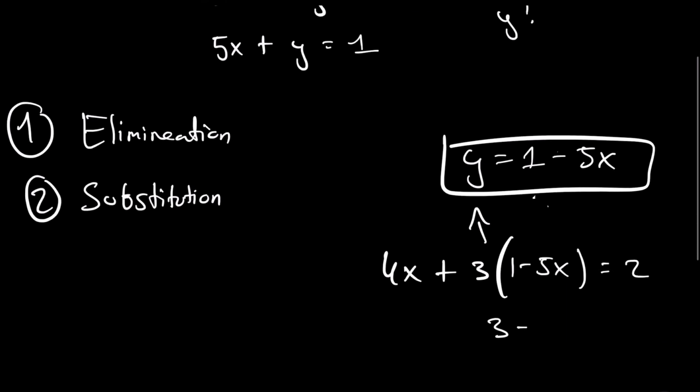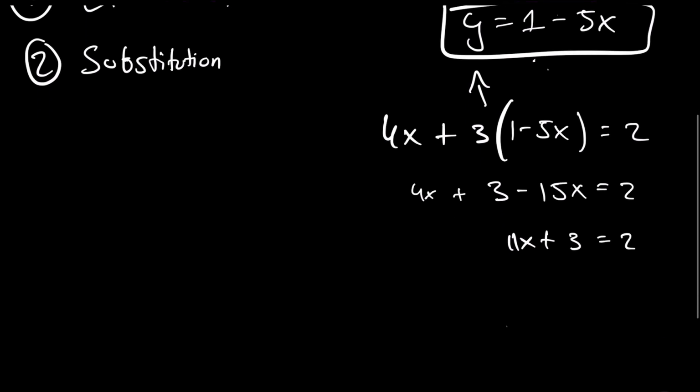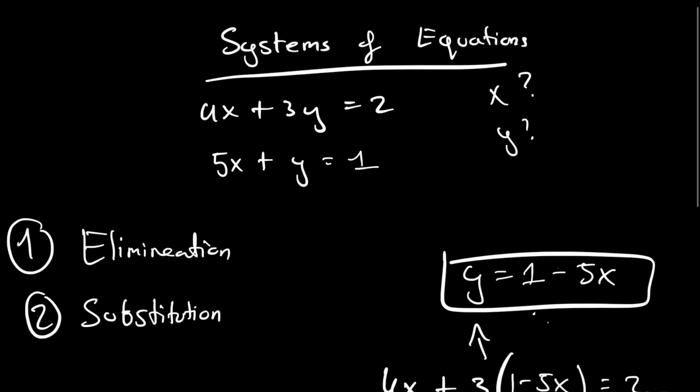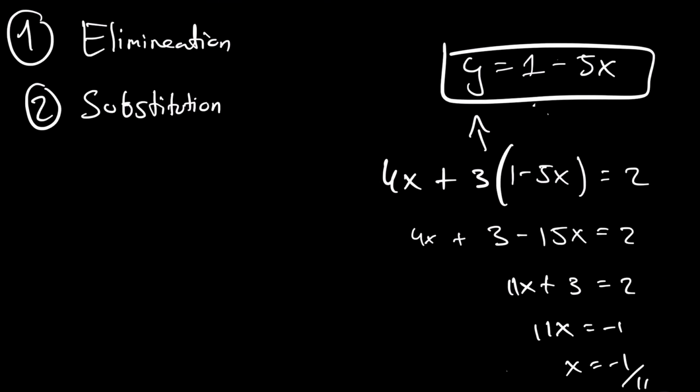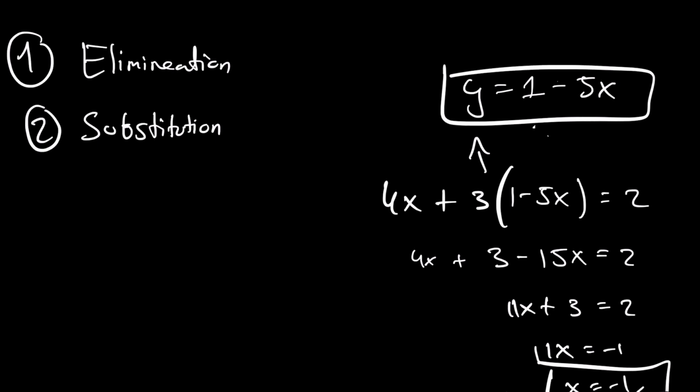And now we just solve, and we easily get 11x plus 3 equals 2. 11x equals minus 1, x equals minus 1 over 11. So that is how you do it. And you tend to realize that you will get the same answer if you do substitution or elimination, because that is just how it works.